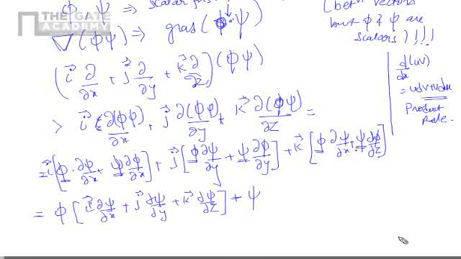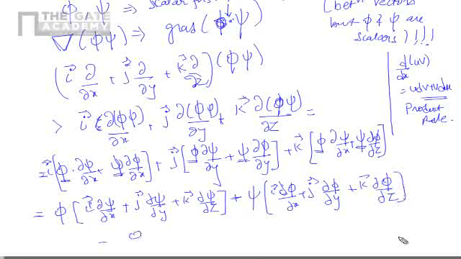I can group them: psi times I vector dou phi by dou x plus j vector dou phi by dou y plus k vector dou phi by dou z. So this is nothing but phi times grad psi plus psi times del phi.